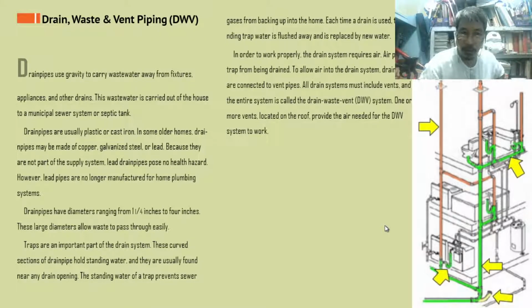Drain pipes are usually plastic or cast iron. In some older homes, drain pipes may be made of copper, galvanized steel, or lead. We already talked about the materials for water supply. Now, these are the materials that are in direct contact with waste.